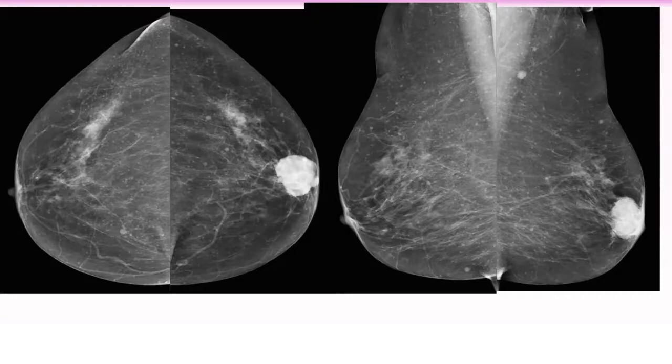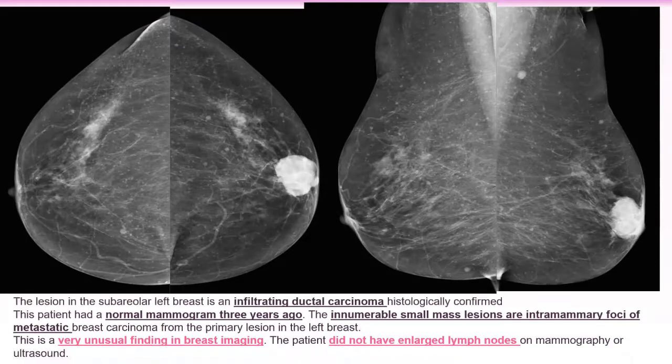Because the patient has a primary. I told you the left breast lesion is invasive ductal carcinoma. So this is metastasis, though it is very unusual. This patient had a normal mammogram 3 years back. Now she has innumerable small lesions of variable size scattered throughout, proven to be metastatic lesions, a very unusual appearance.